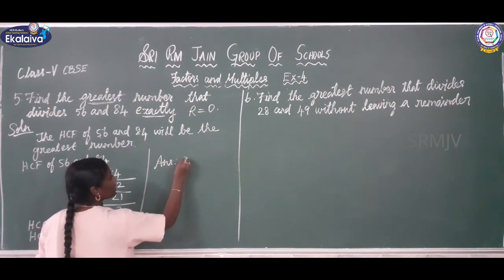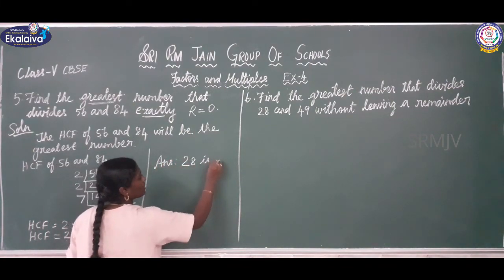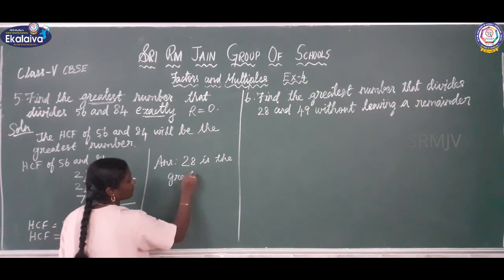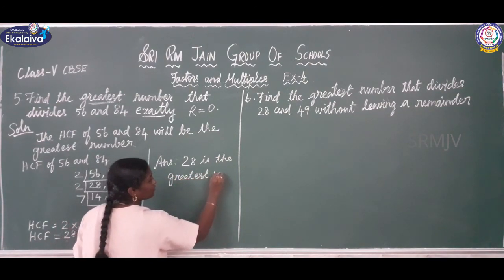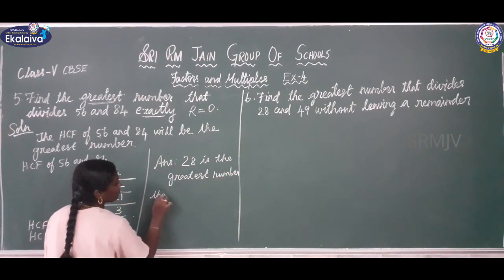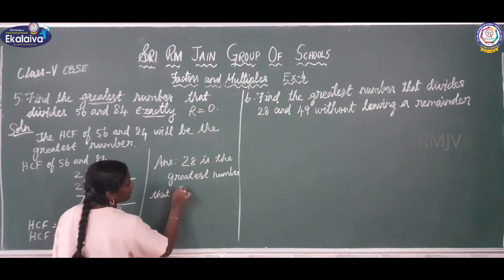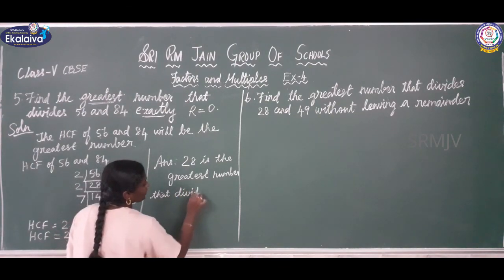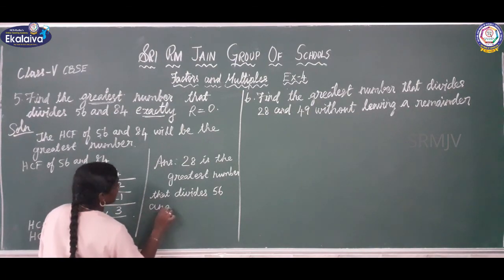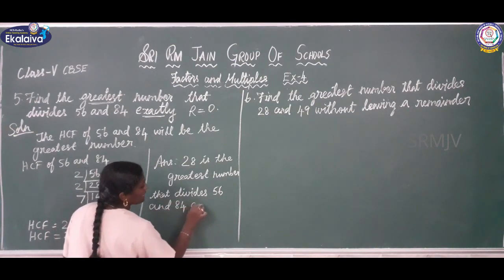So, answer is 28 is the greatest number that divides 56 and 84 exactly.